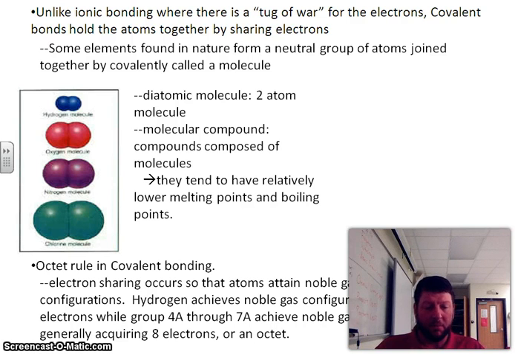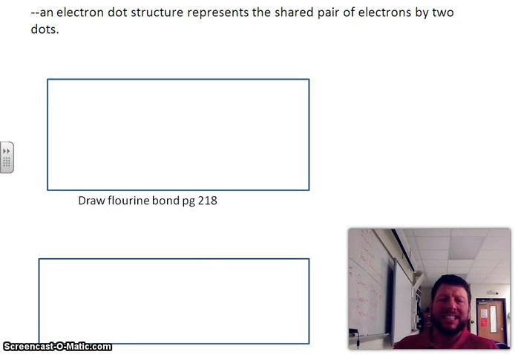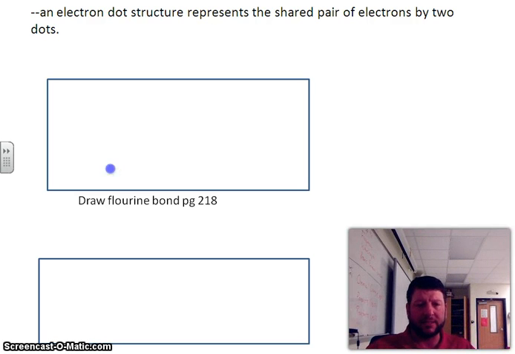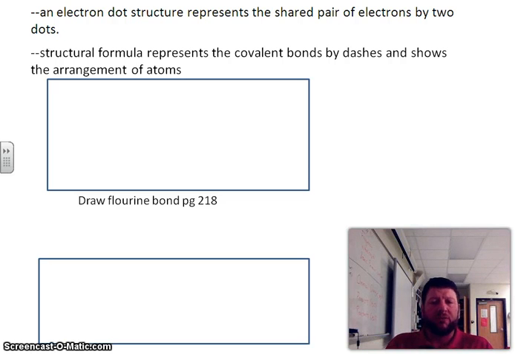Okay. Now remember what we're talking about. Group 4A through 7A, we're talking about those groups on the periodic table. Okay. An electron dot structure represents the shared pair of electrons by 2 dots. All right. The structural formula represents the covalent bonds by dashes and shows the arrangement of atoms.